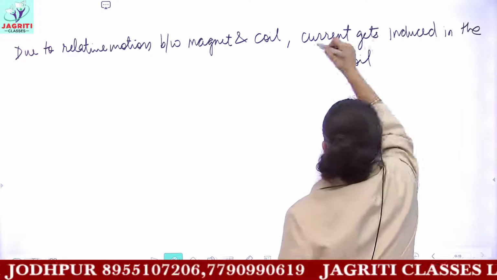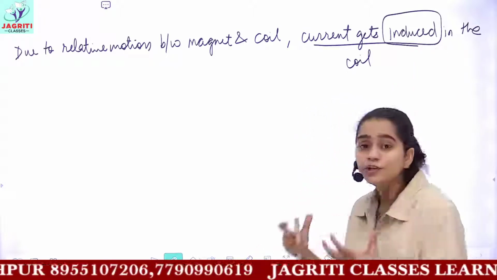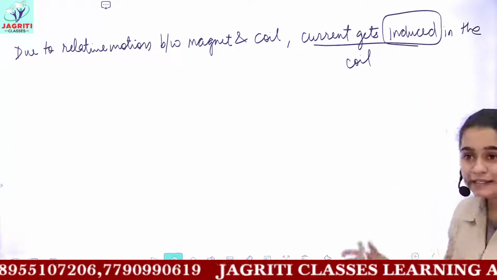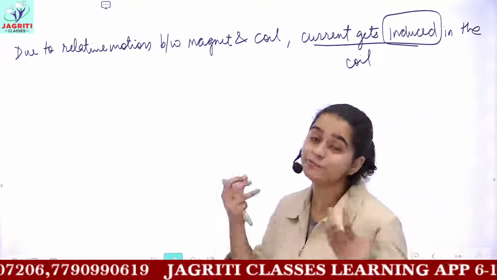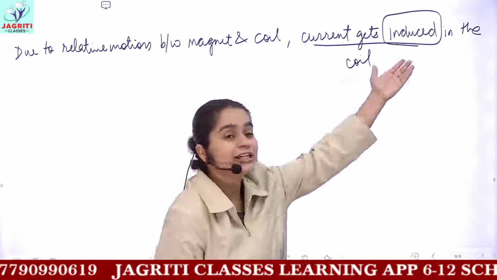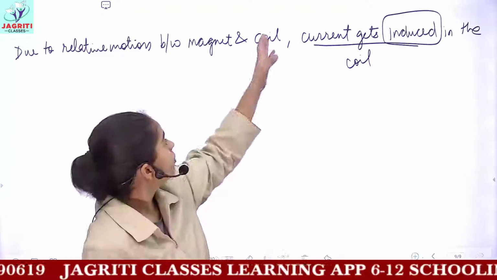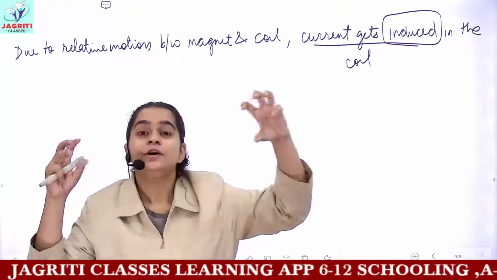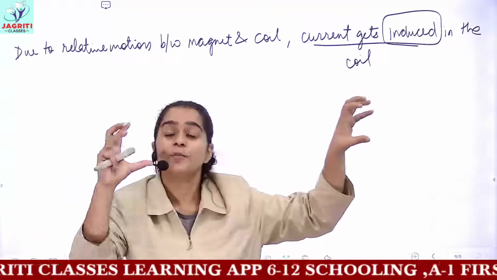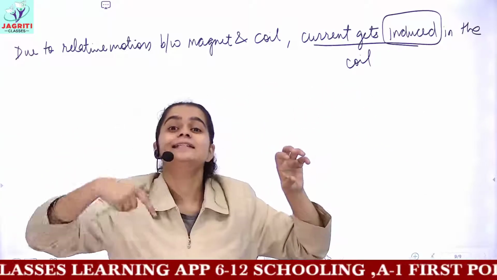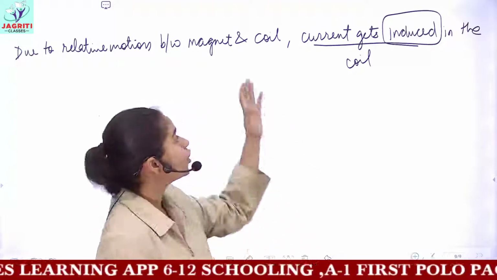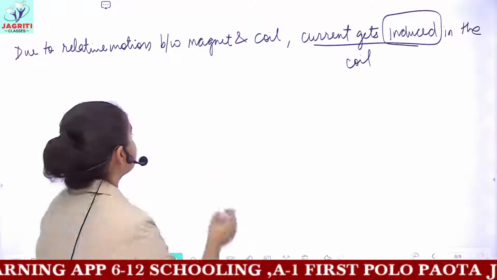And this means the current is generated without any actual source of current present, okay? So this is called induced. So when we move the magnet near or far away from a coil, then the current gets induced in the coil. This is called electromagnetic induction.